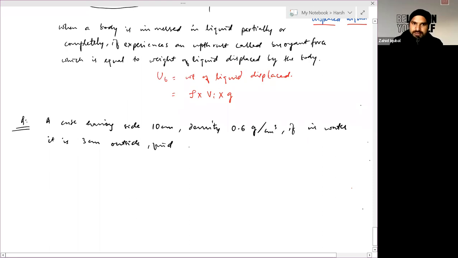Find the weight of the object and, second, the buoyant force experienced by it.